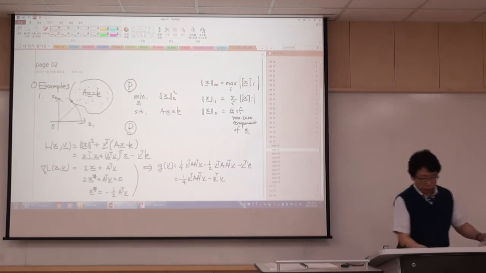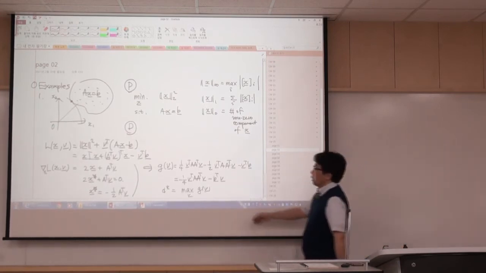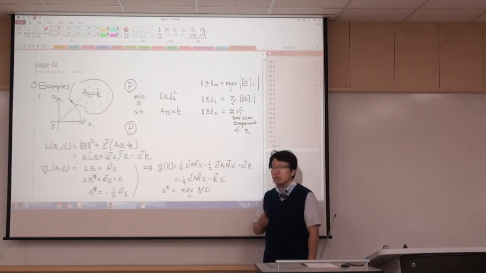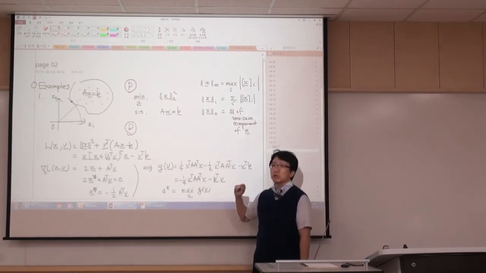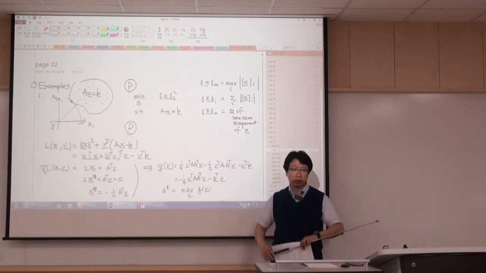And this may be done very easily, especially when A A transpose is invertible. Just an unconstrained quadratic problem.